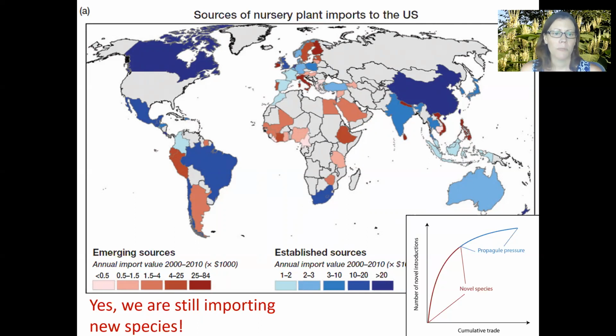And this is important because it just sort of makes the case that this is still emerging. We're still creating these new pathways for imports. That means that we're still in the relatively early stages of starting invasions, whether that's in the US or any country of the world. There's so many invasive species around for the most part. And actually, I should say the image behind me is Japanese knotweed.